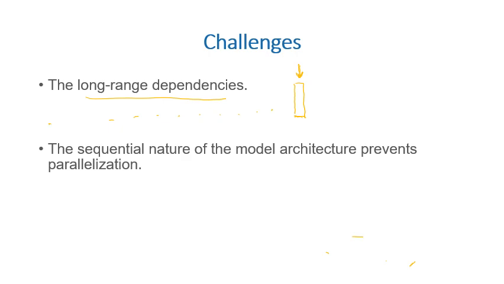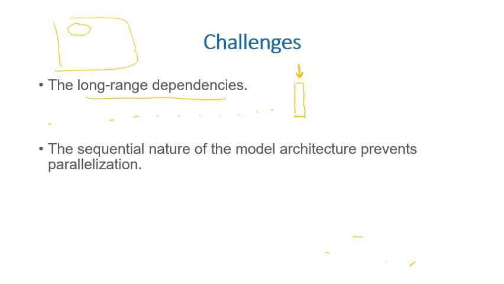Sometimes my task is not just translation, but a more complicated task. I'm doing question answering, and I have a big text, and I'm asking a question, and the answer to this question is somewhere at the beginning of the text.